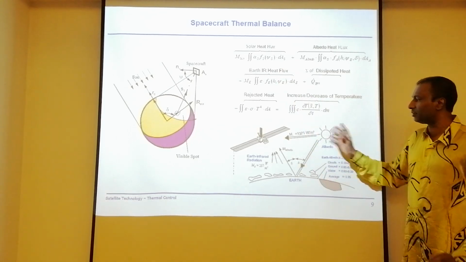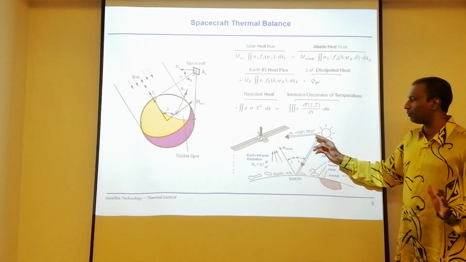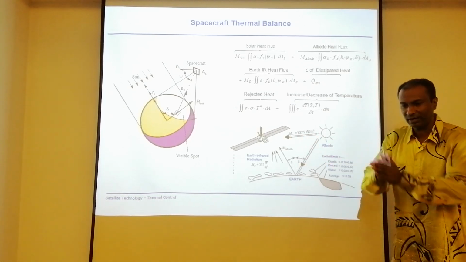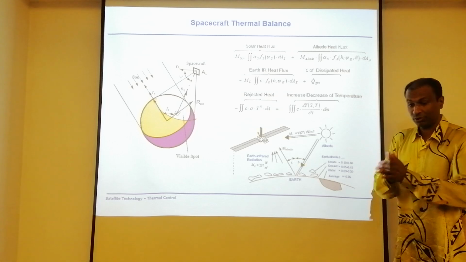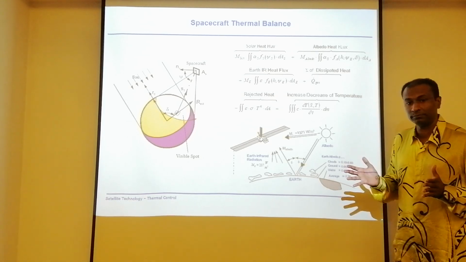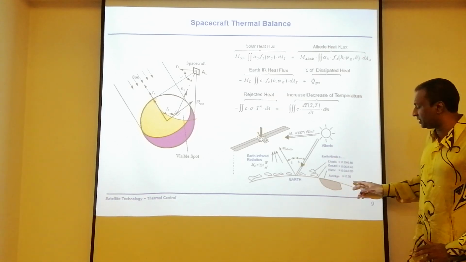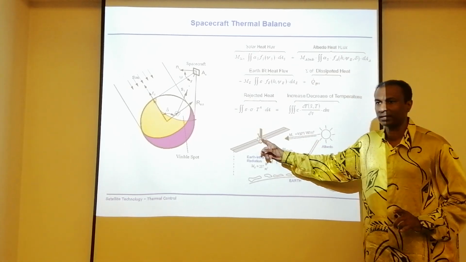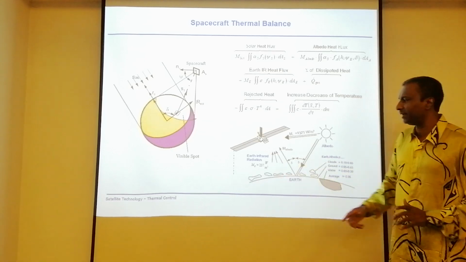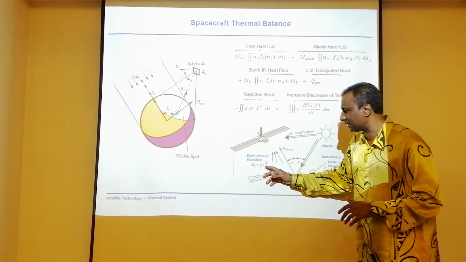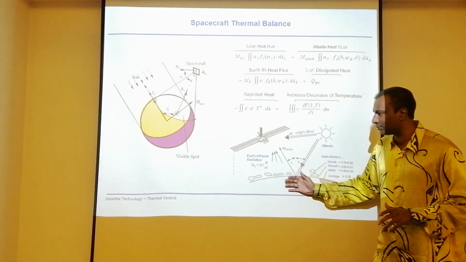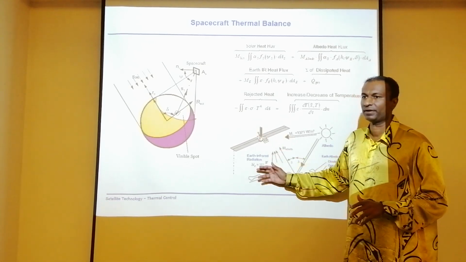Straight away we can say that, look, typically the average is about 1371 watt per meter square, which is what is going to affect your spacecraft from the sun. And typically about 0.35 of this value is going to hit your spacecraft as albedo. And typically about 237 watt per meter square is also going to hit you from infrared.